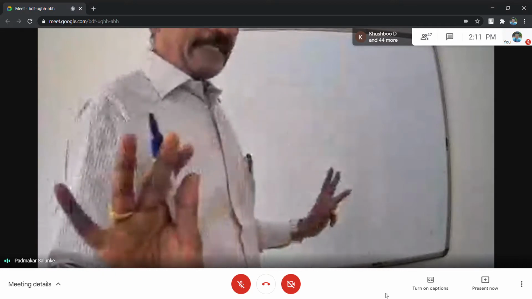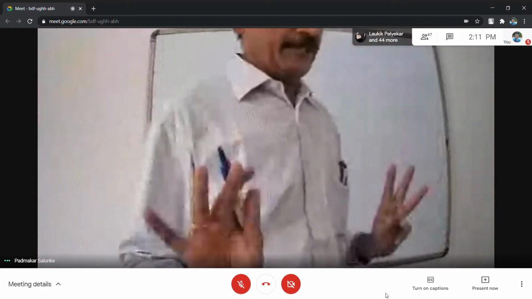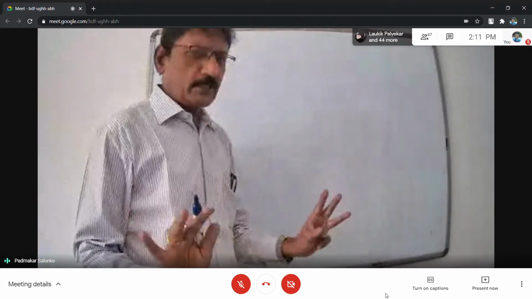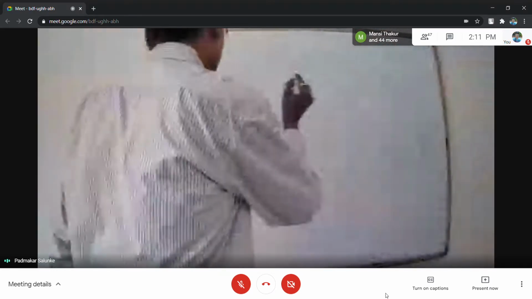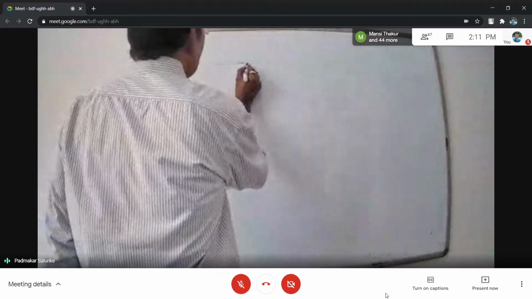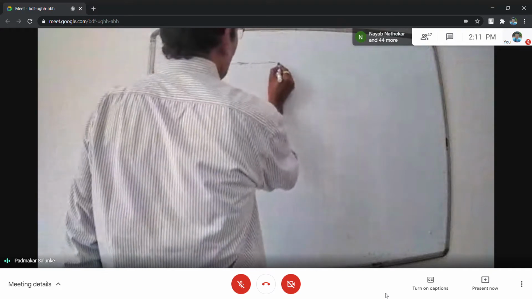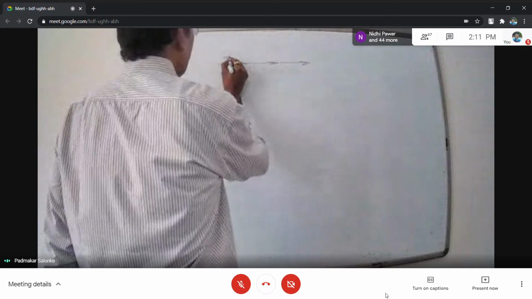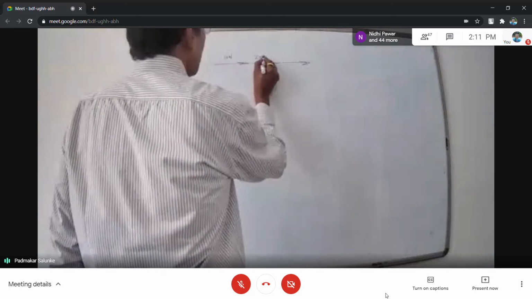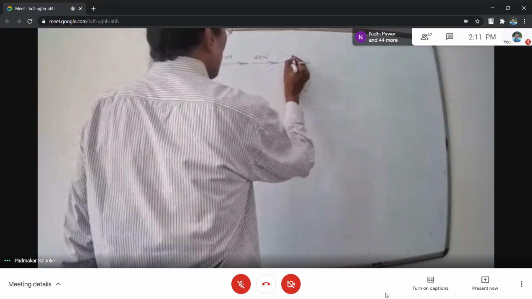The first category is the collinear coplanar force system. If I have to find the resultant of a collinear coplanar force system, exactly what I have to do? Look for that. These three forces: this is 10 Newton, this is 20 Newton, and this is 5 Newton.